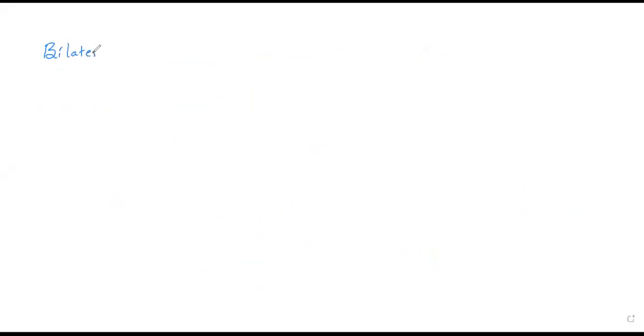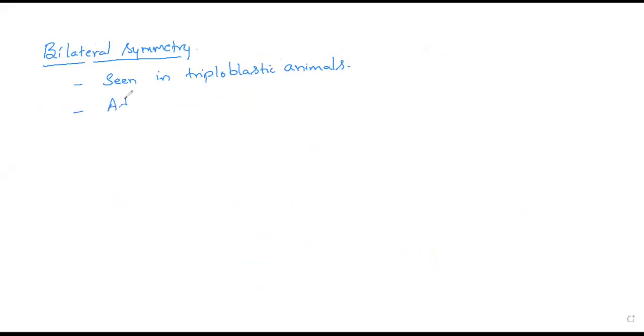Bilateral symmetry. In bilateral symmetry, seen in all triploblastic animals, it is the advanced type of symmetry.